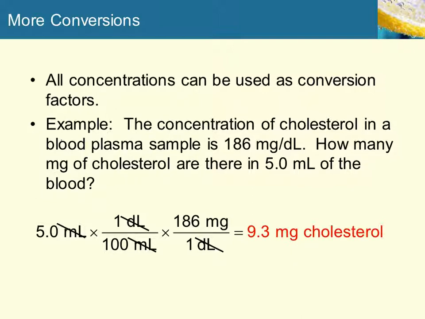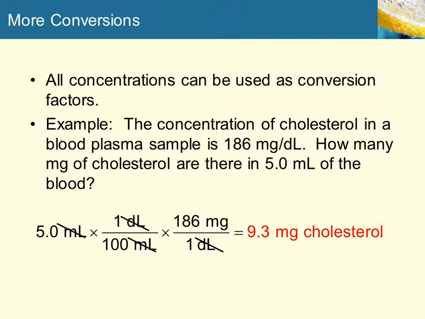So I'm starting with 5 milliliters, and I'm going to change that to deciliters. We know that in 1 deciliter there's 100 milliliters, because if I'm at deciliters, I've got to move 2 places to the right to get to milliliters. So one of those equals 100 milliliters.